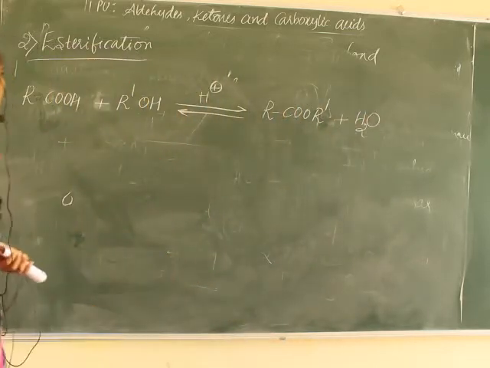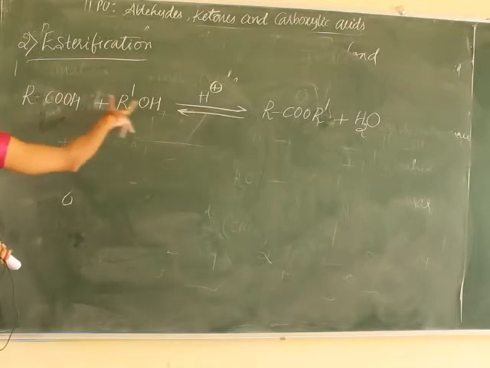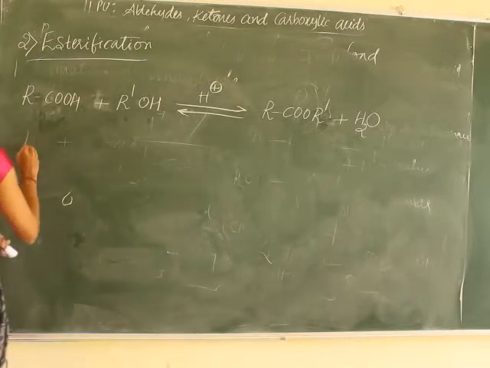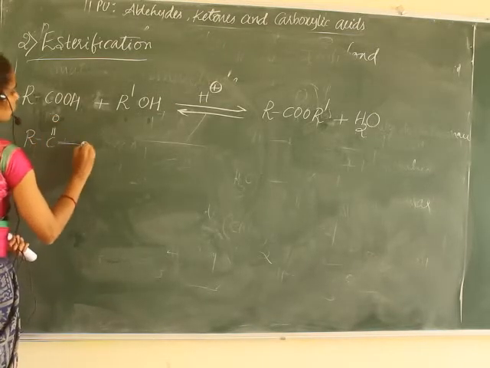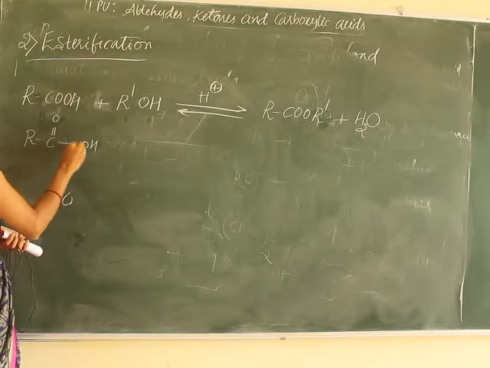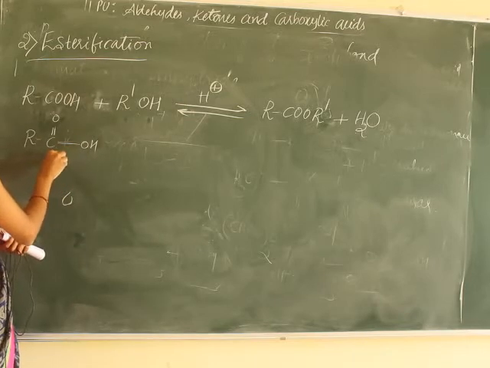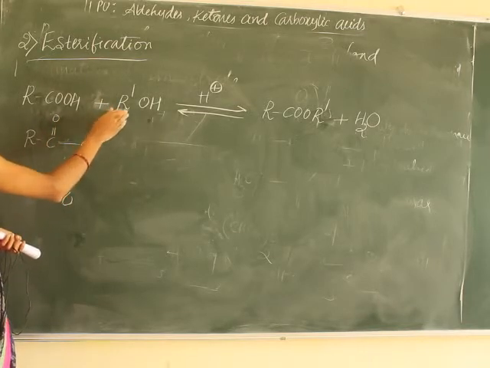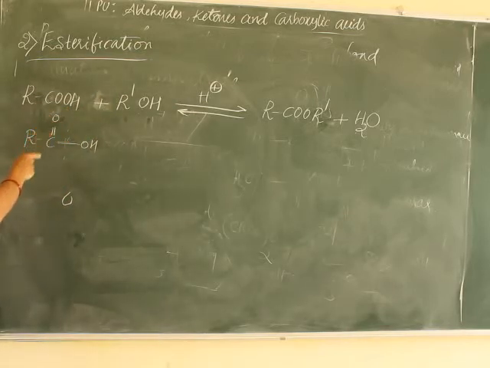Okay, this is about the esterification reaction. Carboxylic acid on reaction with alcohol gives the corresponding ester. Here we can write it as R C double bond O H. Bond cleavage between C and O takes place, and in presence of acid it reacts with the alcohol and H plus, resulting in formation of RCOOR dash, that is ester.